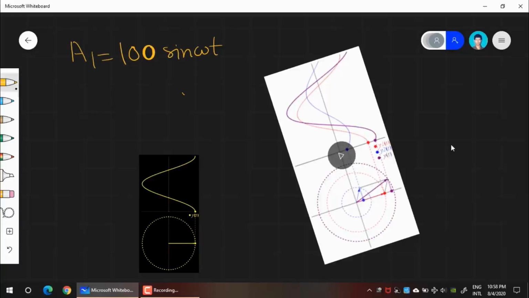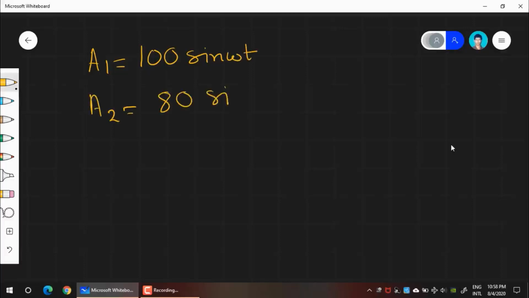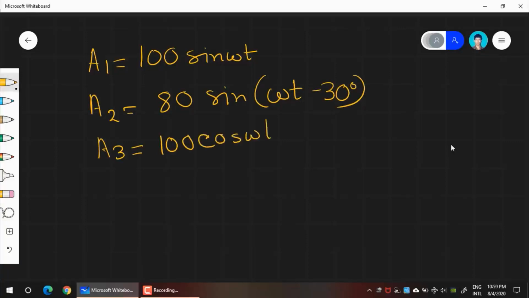The obvious answer to this question is that, suppose you have got three signals: a1 equals 100 sine omega t, another one a2 equals 80 sine omega t minus 30 degree, and third one a3 equals 100 cos omega t.